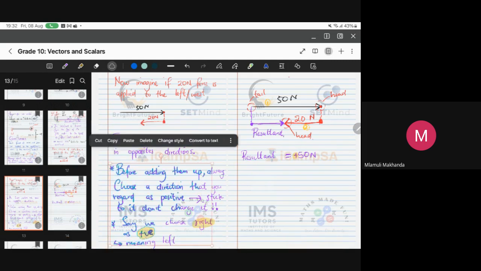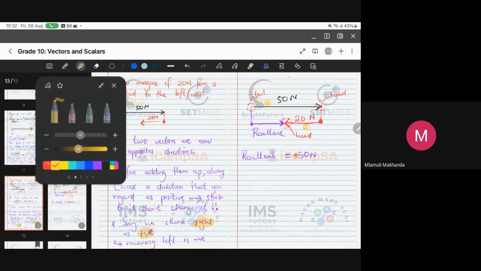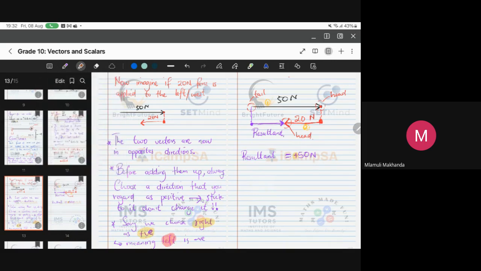So when you add them up, what's happening? Right. Left is automatically negative. So let's write it.